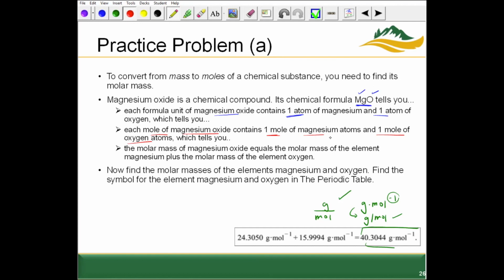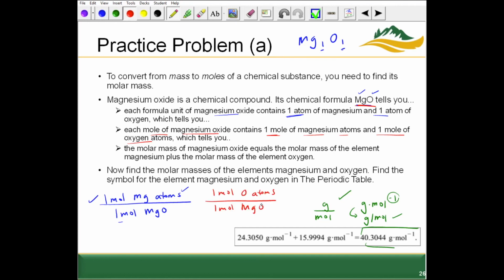So 1 mole of magnesium atoms, 1 mole of oxygen atoms per 1 mole of magnesium oxide. To see this written out, 1 mole of magnesium atoms per 1 mole of magnesium oxide. How do we know that? It's because these subscripts here are 1. So because these subscripts are 1, we can make connections like this. So similarly, 1 mole of oxygen atoms per 1 mole of magnesium oxide.